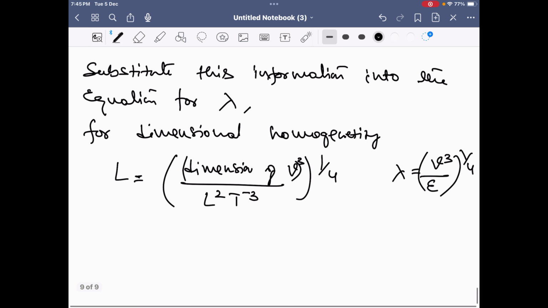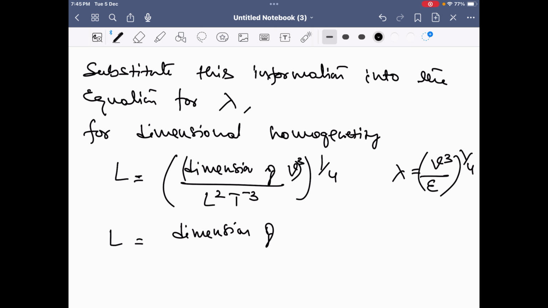Because lambda is equal to V cube divided by epsilon whole to the power of 1 by 4. So now L is equal to the dimension of V to the power of 3 by 4 divided by L to the power of 2 by 4 into t to the power of minus 3 by 4, because we are just multiplying the powers by 1 by 4.